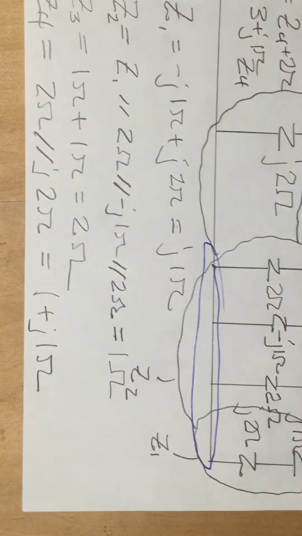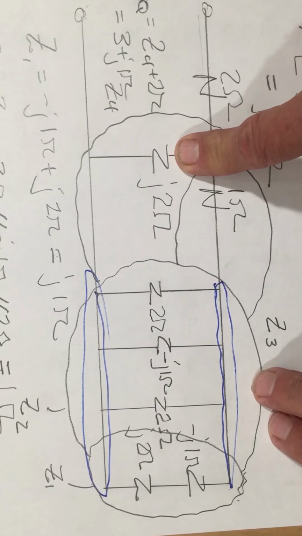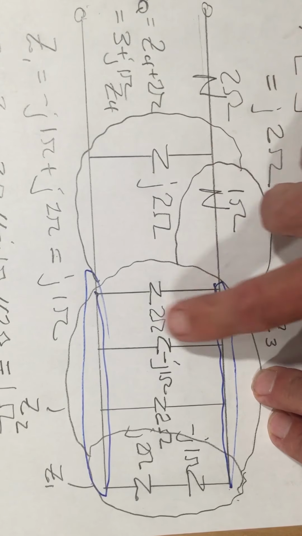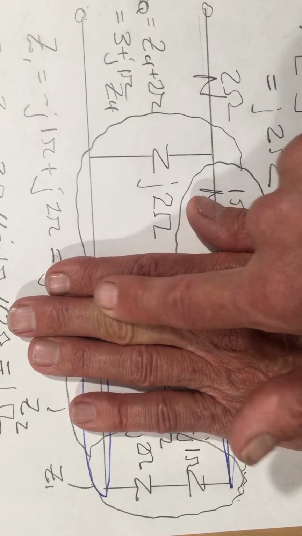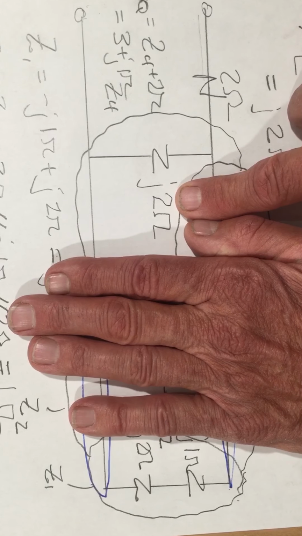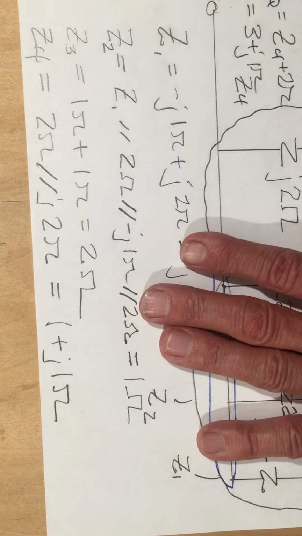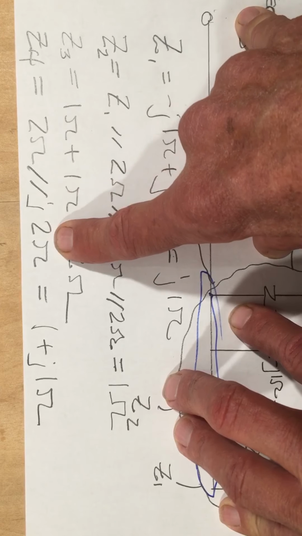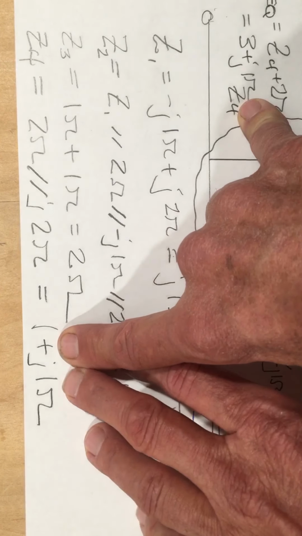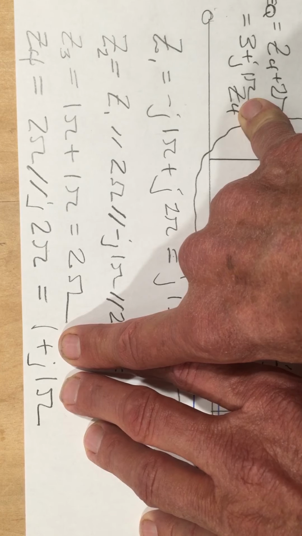All right? So now I have the inductor back in the picture. This 2 ohm resistor is in parallel with the J2 ohm inductor. So Z4 will be 2 ohms in parallel with J2 ohms, and I get 1 plus J1 ohm for Z4.